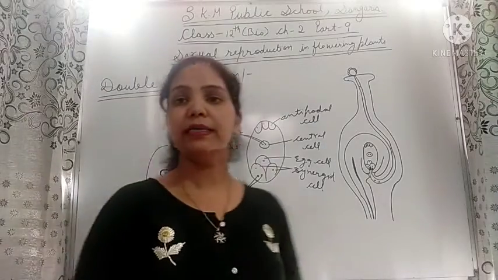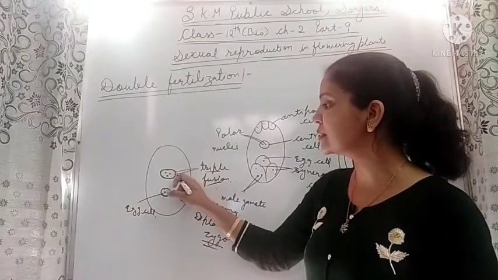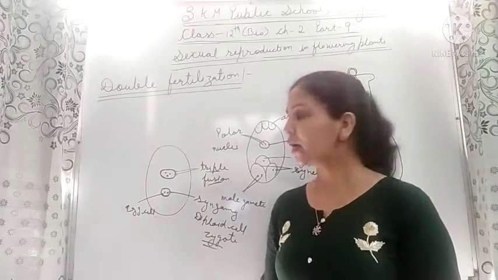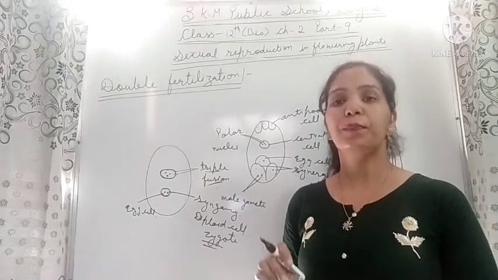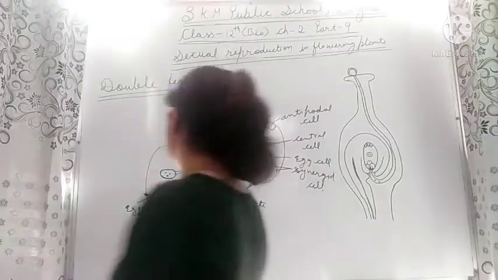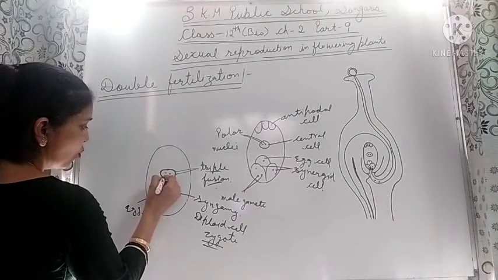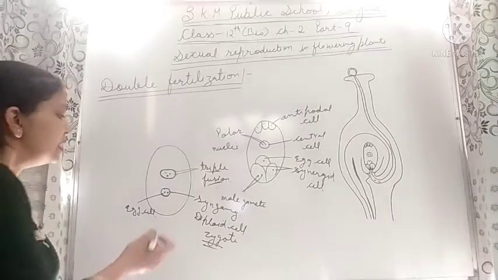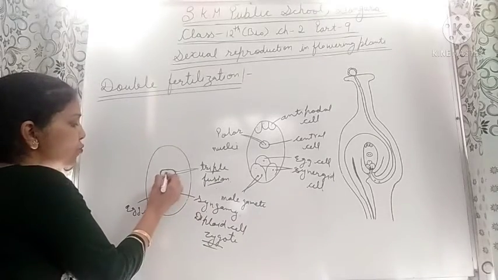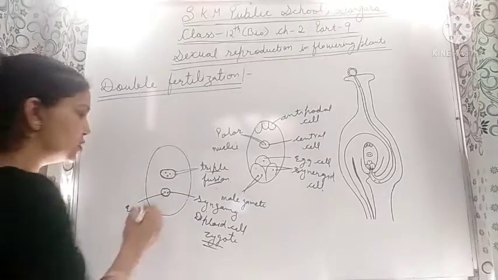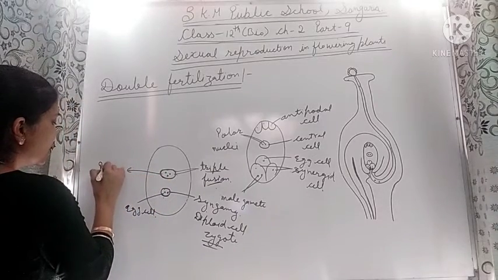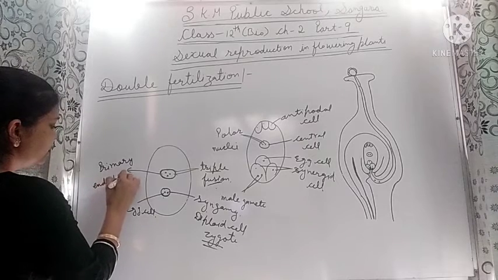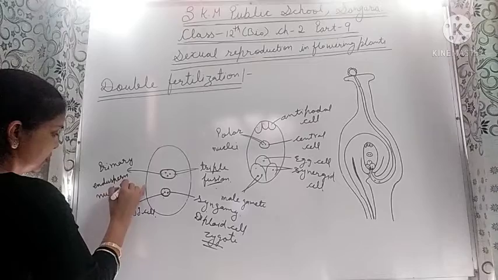Clear? When the second male gamete moves towards the polar nuclei located in the central cell, it fuses with them to produce the primary endosperm nucleus.